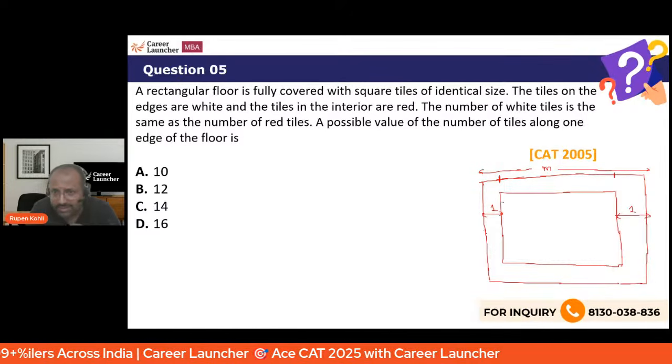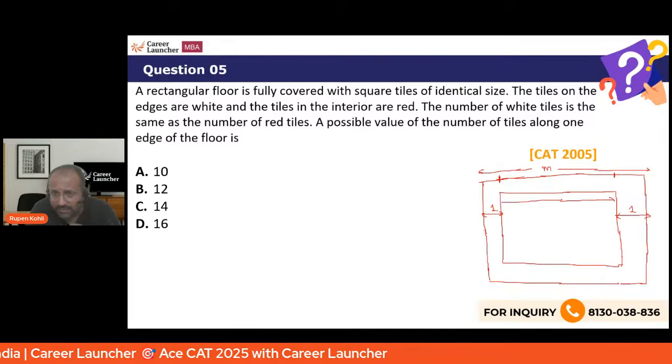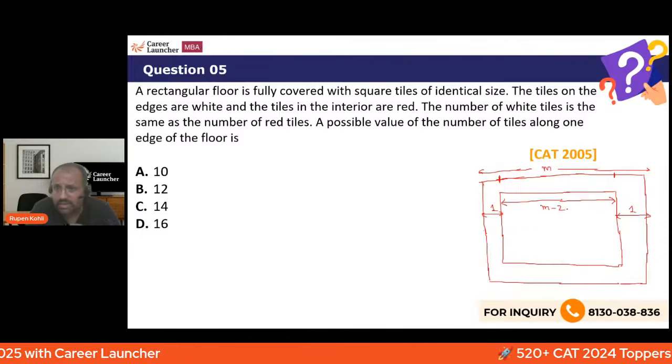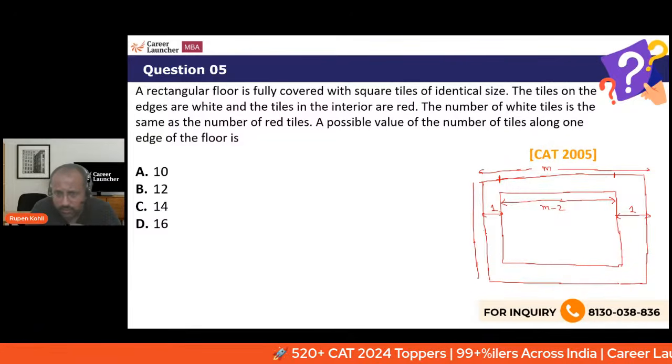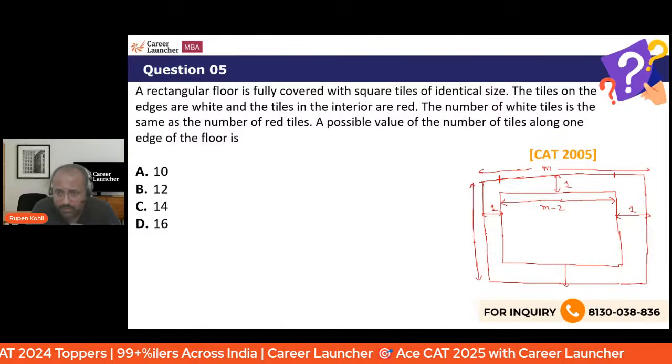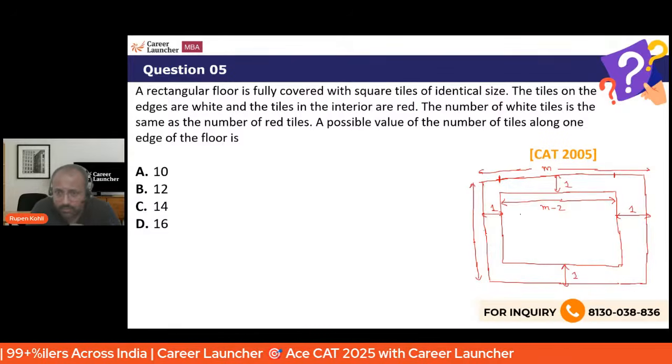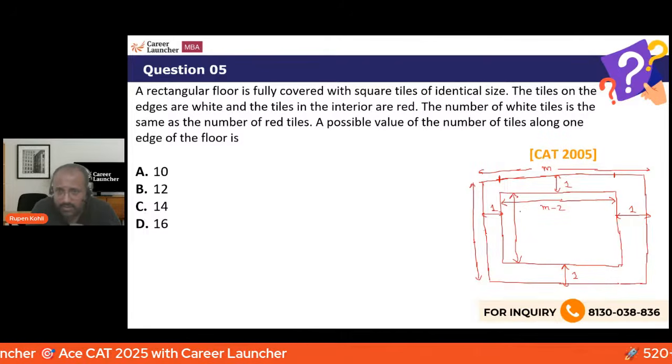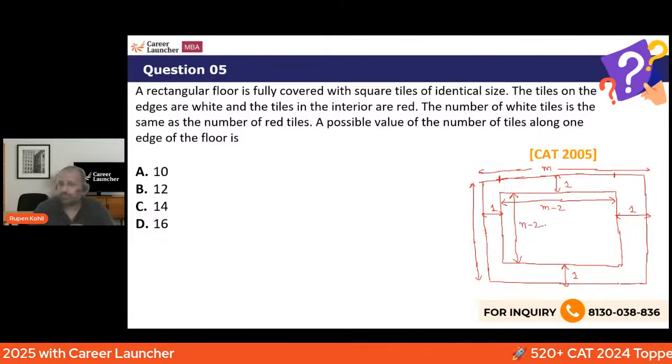So can I say this interior is a grid of m minus 2 on one edge, and likewise if this was n tiles in total across the other edge. Once again I have left one tile from here and one tile from here. So therefore the inside, the other dimension, is n minus 2.